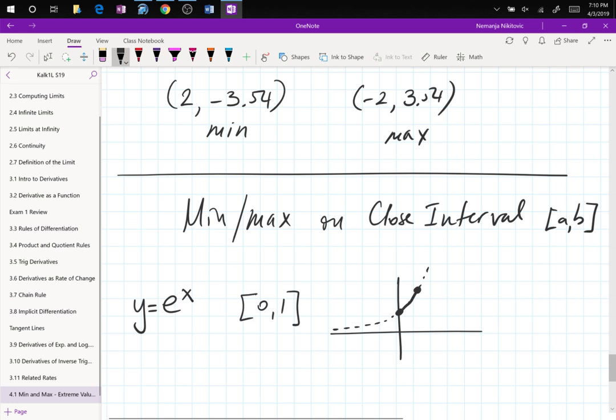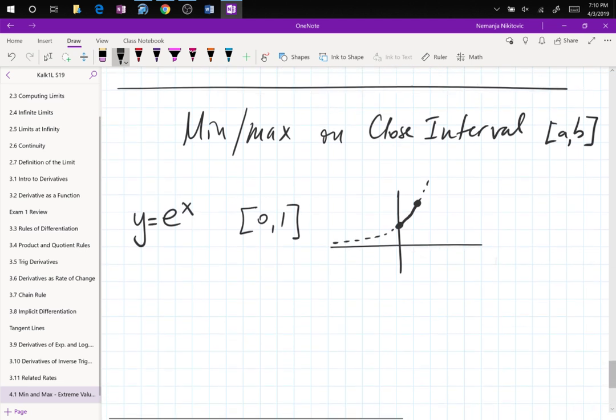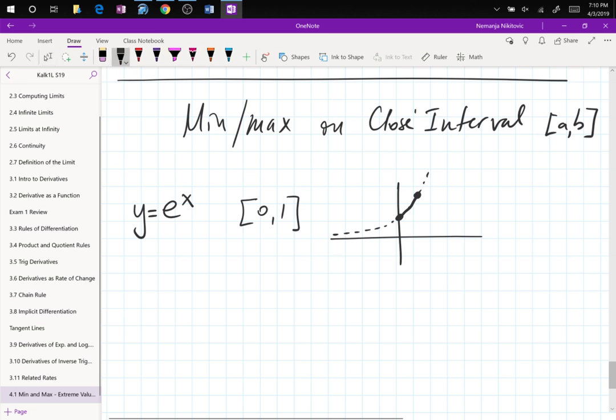We're still on Desmos. So min max on closed intervals. y equals e to the x has no min, has no max. We did that problem earlier in class.